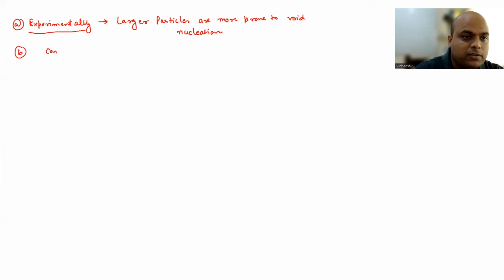Now, the continuum model is independent of particle size.